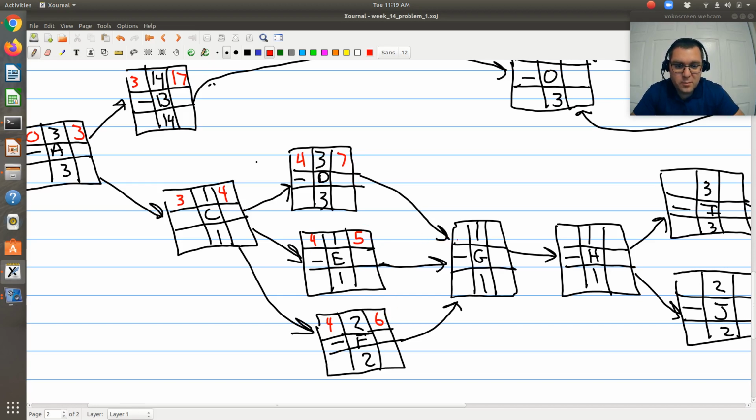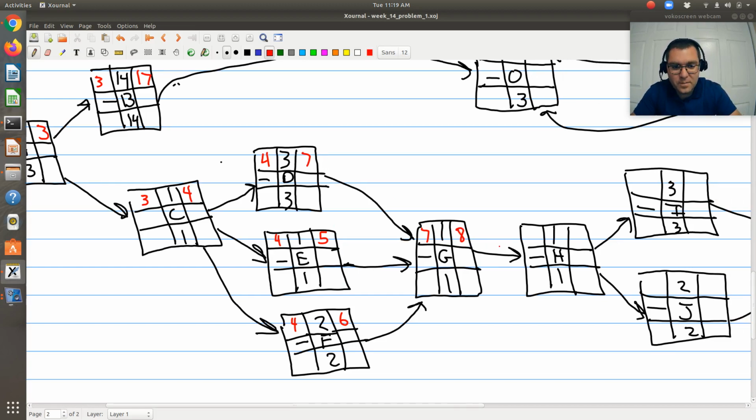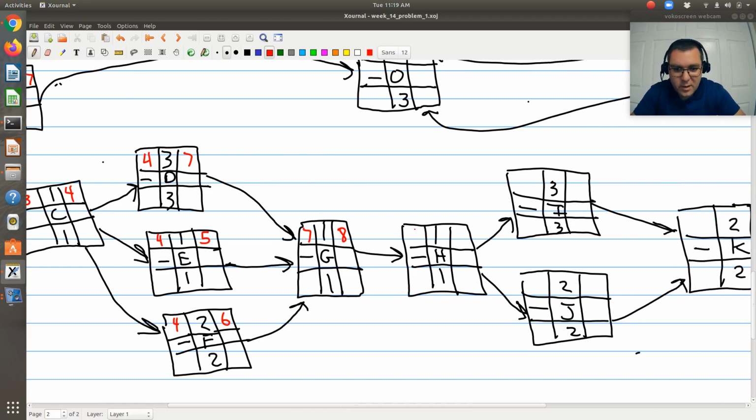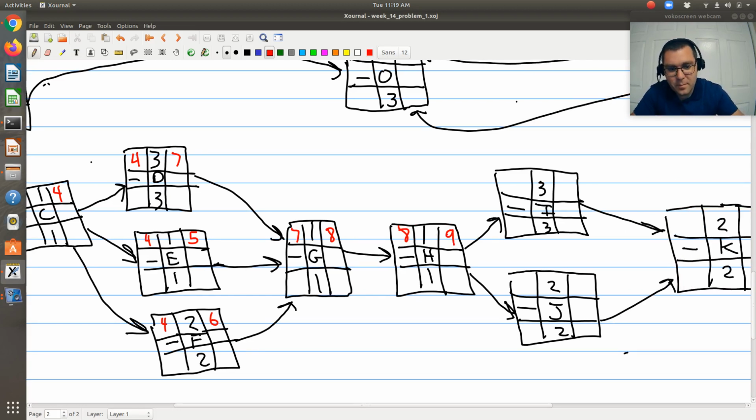So the earliest possible starting time for G is day 7, since all of those need to be completed. G has a duration of 1, so its earliest possible finishing time is 8. H is just dependent on G, so its earliest possible starting time is 8, duration of 1, earliest possible finishing time is 9.